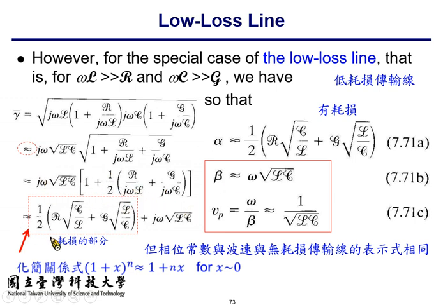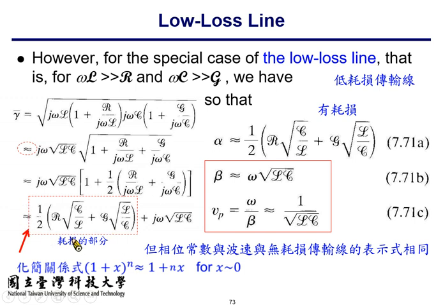So the real part is 1/2 times R times the square root of C over L plus G times the square root of L over C. So this is the real part, which can be related to what? Related to the attenuation constant alpha of the propagation constant gamma.